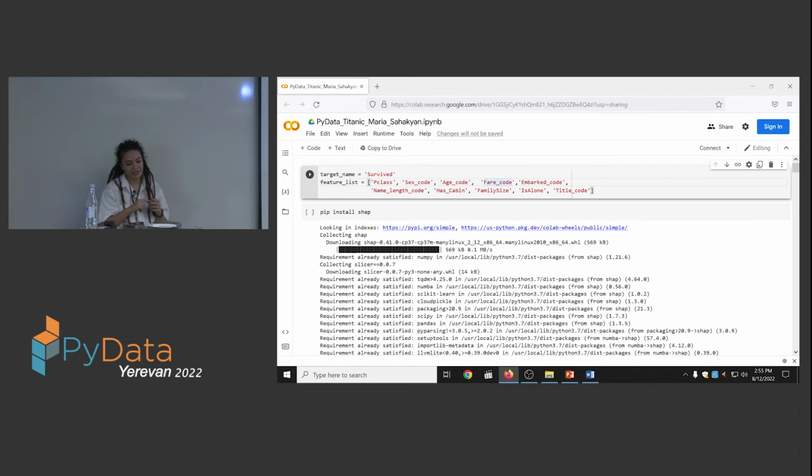And then we have here the target name, which is whether the person survived or didn't survive, and we have some features like what sex the person was, age, what kind of ticket the person took, and so on. Is the person alone or with family, and what were the reasons that people survived or didn't survive.